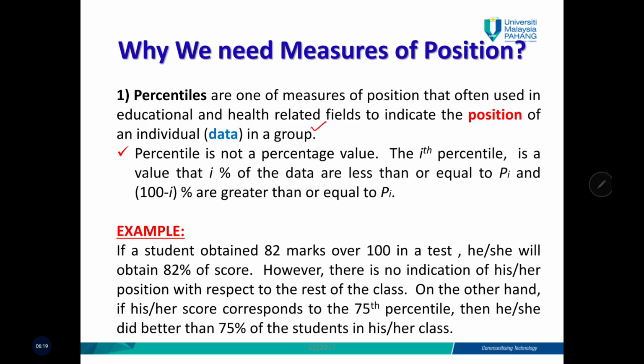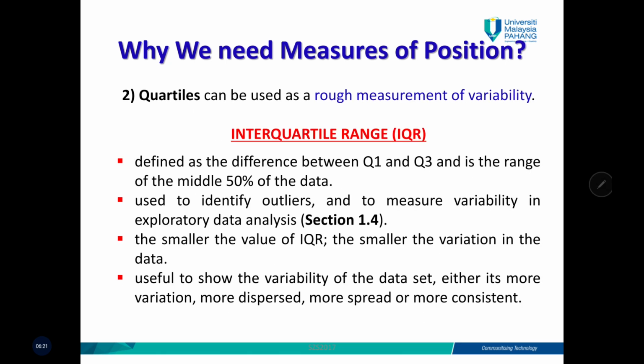The second one is that measures of position, specifically quartiles, can be used as a rough measure of variability. Quartiles is related to IQR, interquartile range, which will be discussed in detail in section 1.4.